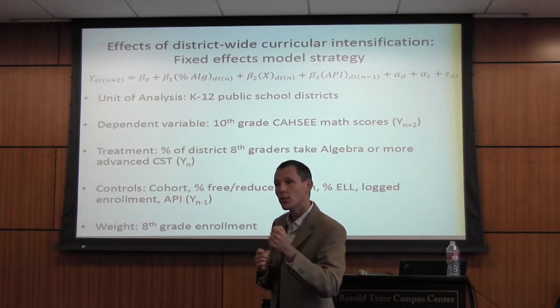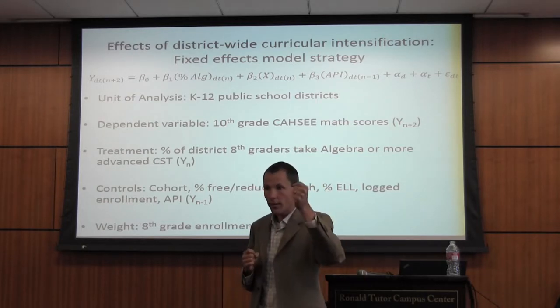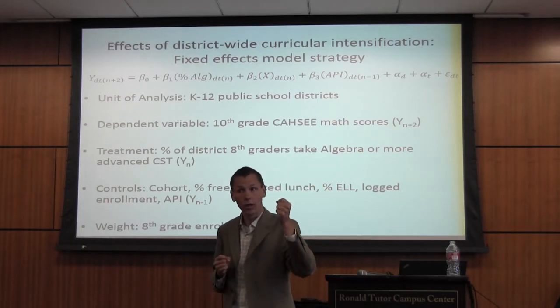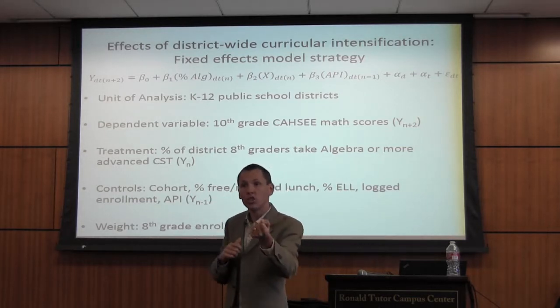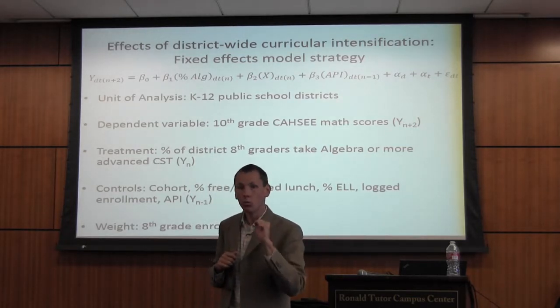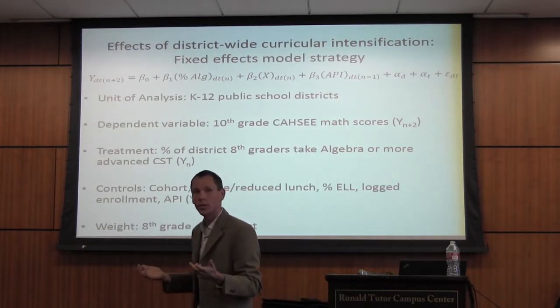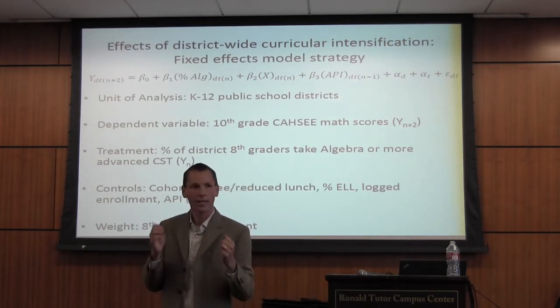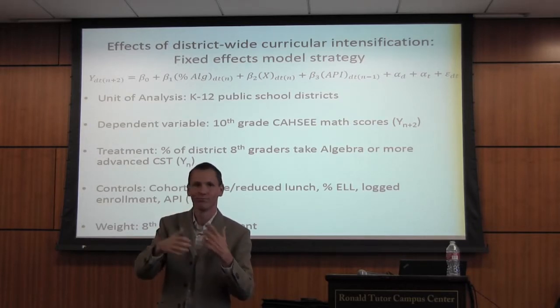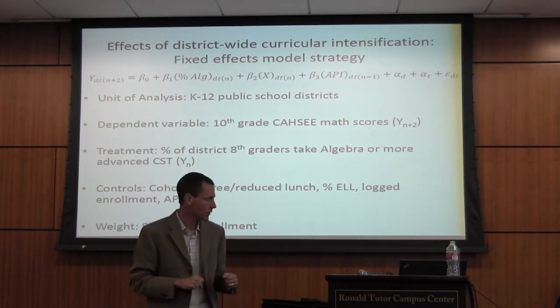And what you're asking is, how is this change in X, in percent of algebra, related to a change from year to year in Y, in CAHSEE test rates? Controlling for the observable stuff, but most importantly, controlling for district fixed effects, right? The analysis is all within district, or it's averaged across the within district analysis.